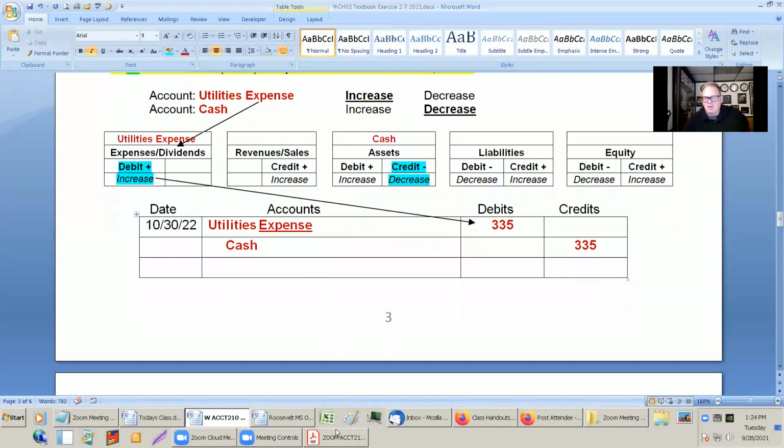But the expense itself, the expense, debit. Whatever the other account is, credit. If there's only two accounts, you don't have to worry about anything else.